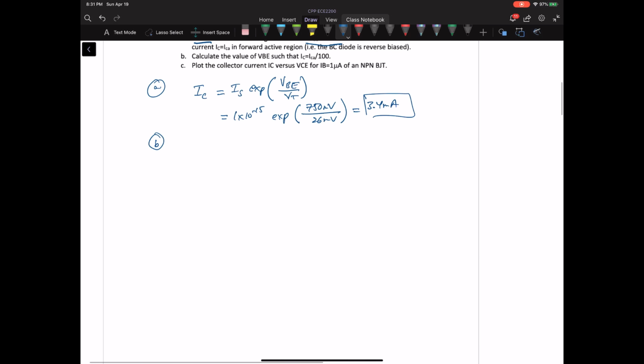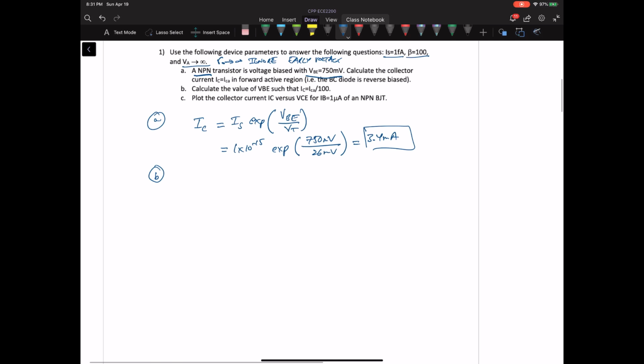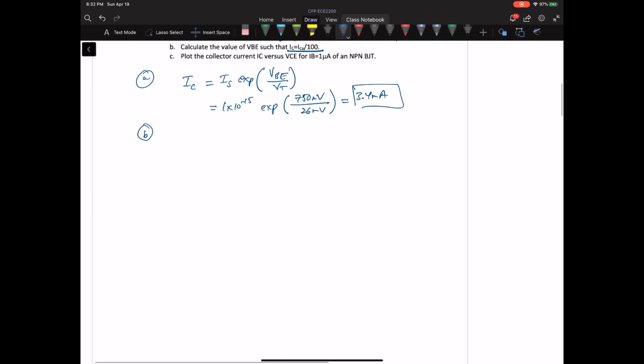B is calculate VBE such that our new IC is 100 times less. So this is IC1, let's call this IC2, which is IC1 divided by 100, or 3.4 milliamps divided by 100. I think that ends up being 34 microamps.